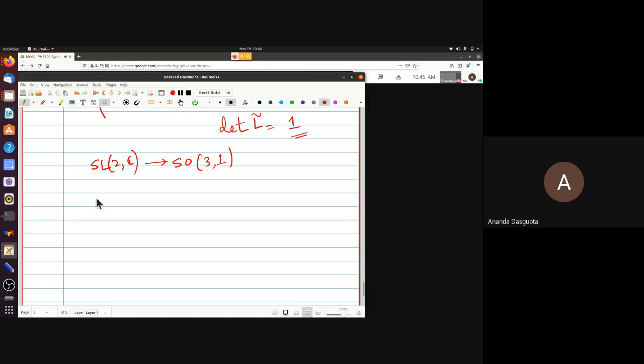Anyway, the point is, at least we can see that there is a deep connection. This is the reason why the generators of SO(3,1) are also isomorphic to those of SL2C, but unlike the SO3, SO2 case, it's actually the generators of SO(3,1) which are better known than the generators of SL2C.